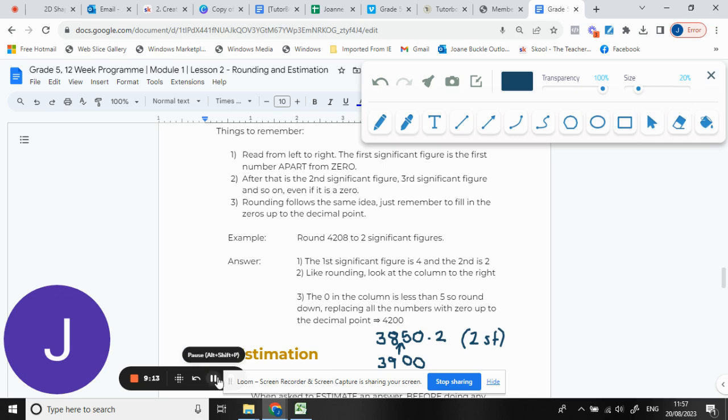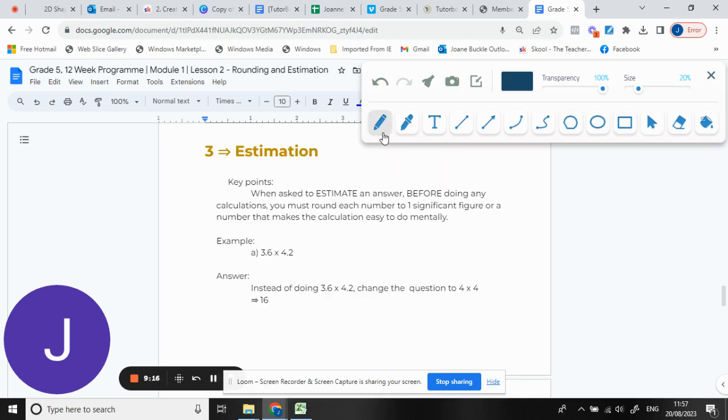This next section then, estimation and approximation, leads on very well to significant figures, because if a question asks you to estimate an answer before doing any calculations, you must round each number to 1 significant figure, okay? Or in some cases, but hardly ever, it's not 1 significant figure.